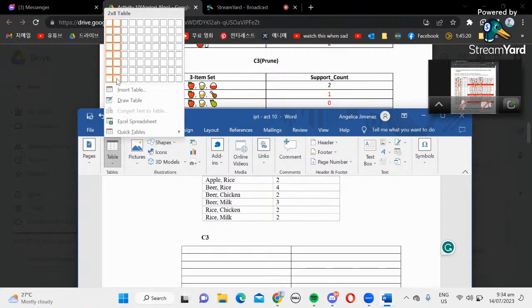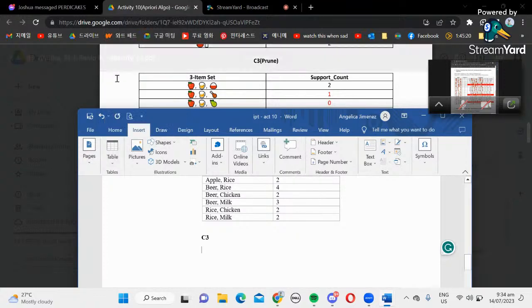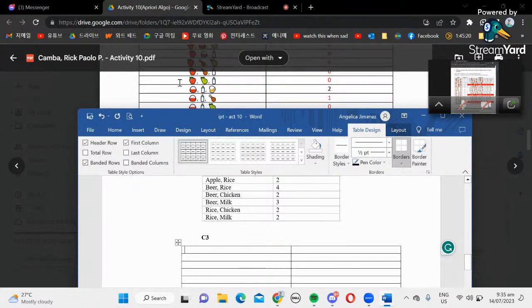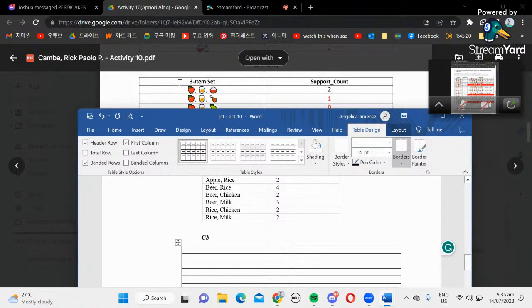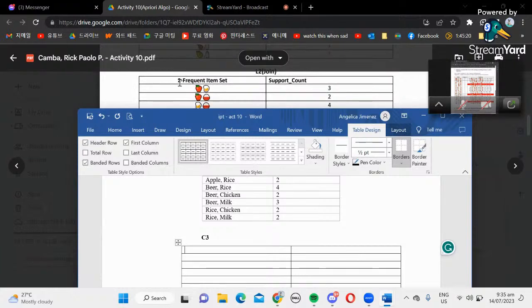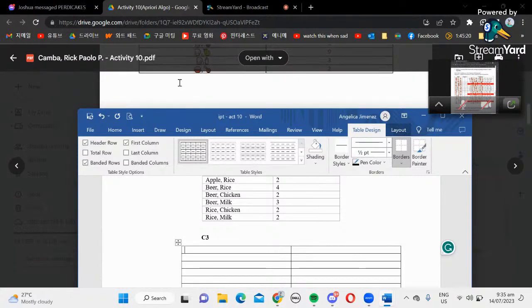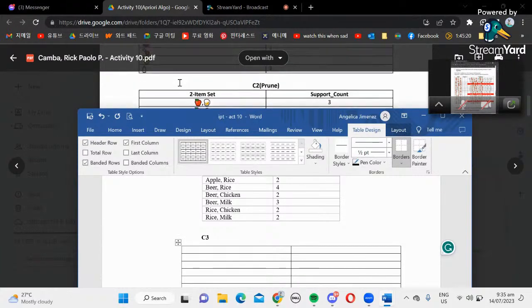Okay. And then Beethoven, the good thing about what you did is you were able to show the computation for the support, for the confidence. Then Beethoven, nakita natin, no, the sum of the combinations are actually not what? Not qualified to become association rule.